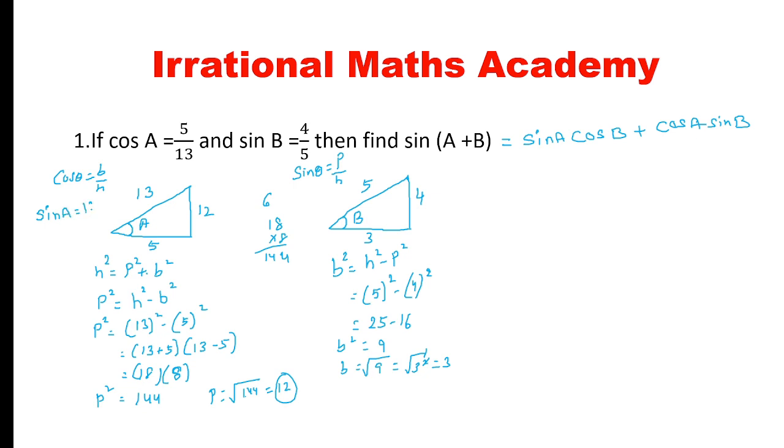That is 12 by 13. And here, sin B they give, so the cos B value I can easily find out. Cos B equals 3 upon 5.